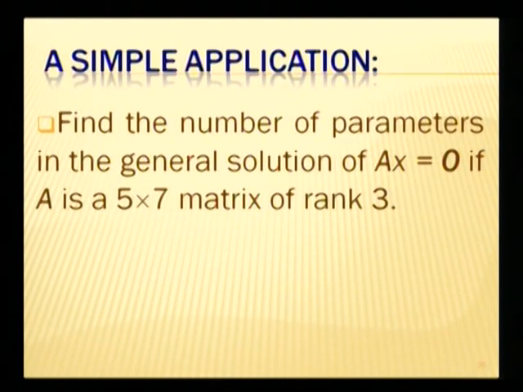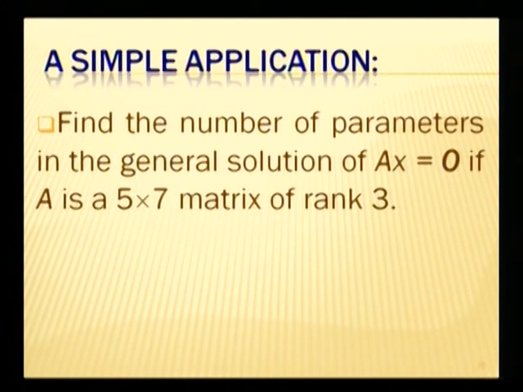Now we have one simple application of the rank nullity theorem. We want to find the number of parameters in the general solution of Ax equals 0, where A is a matrix with 5 rows and 7 columns, and the rank of the matrix is given as 3.